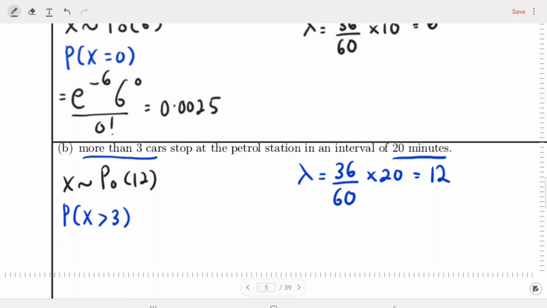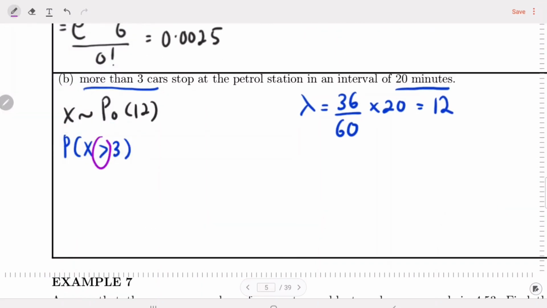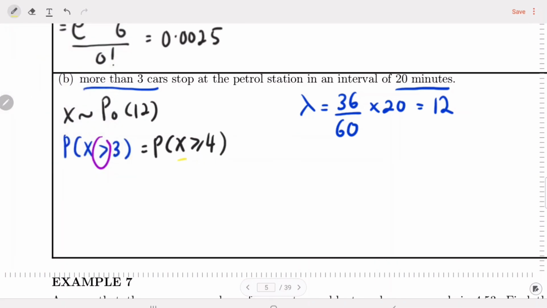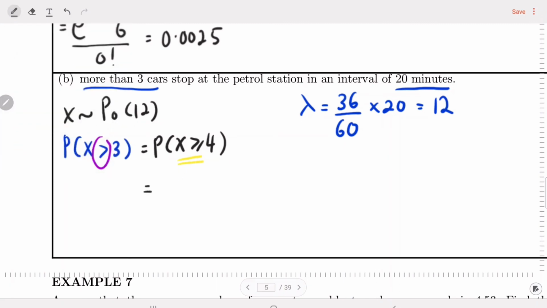I'm going to use the Poisson table. So in order to use the Poisson table, I need to change it into greater than or equal. So greater than 3 means X greater than or equal to 4 and above. Since I already changed it into greater than or equal, I can just look at the Poisson table. Lambda equal to 12, r equal to 4.